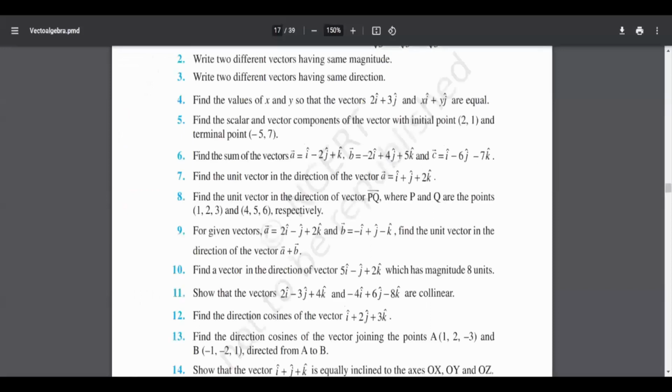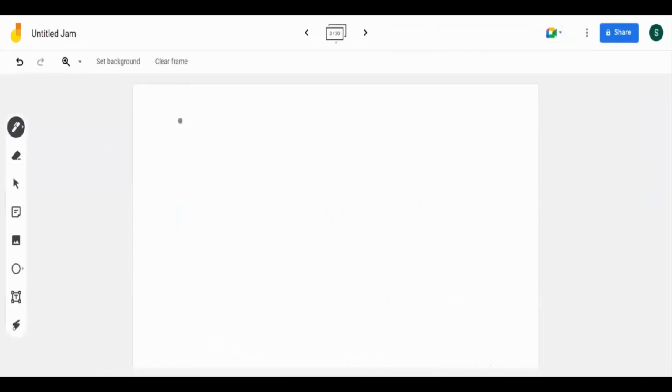Okay, so again question number 8: find the unit vector in the direction of PQ where P and Q are given. So first find the vector PQ. As I said, you know how to find the vector PQ. Vector PQ is vector OQ minus OP. In this question it will give me 3, 3, 3.